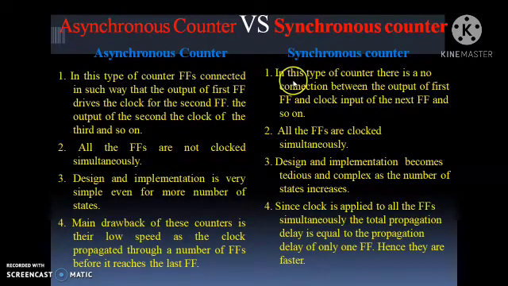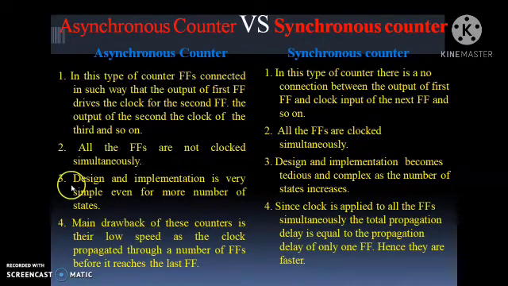In this type of counter, there is no connection between the output of the first flip-flop and the clock input of the next flip-flop, and so on. Second point, asynchronous counter. All the flip-flops are not clocked simultaneously. Second point, synchronous counter. All the flip-flops are clocked simultaneously.